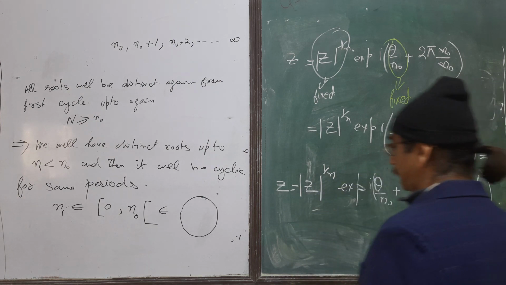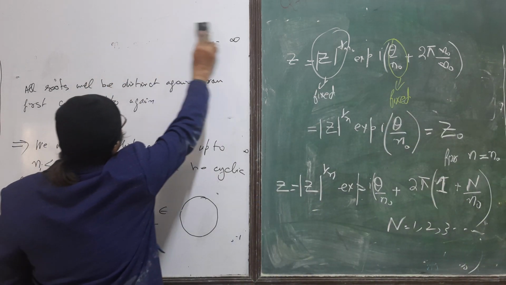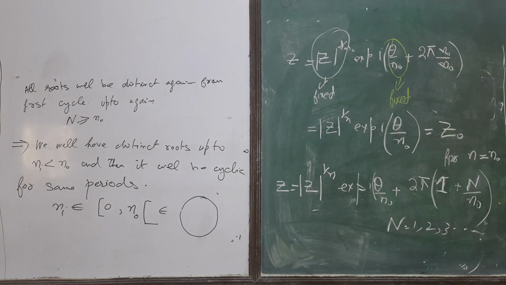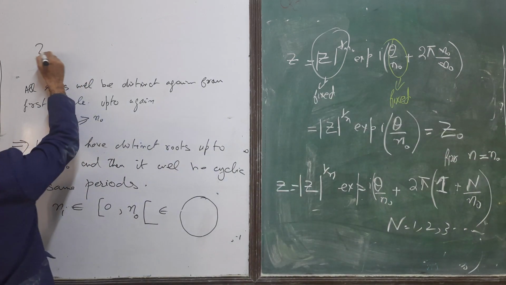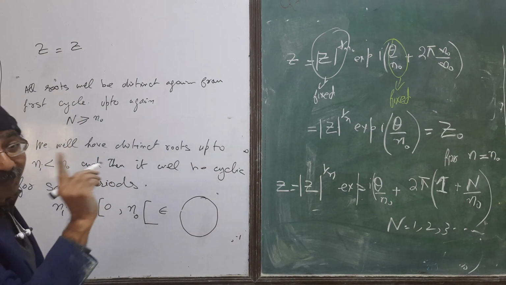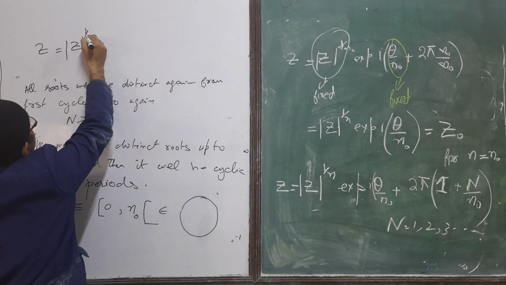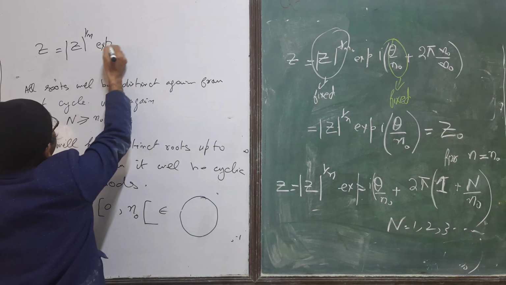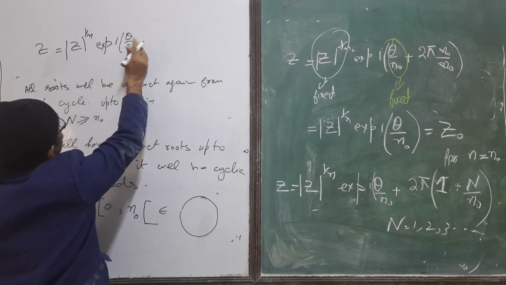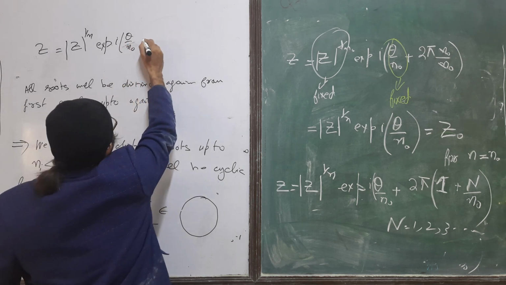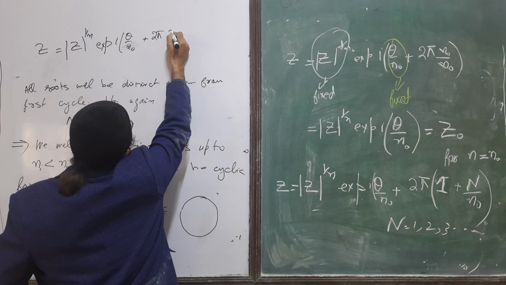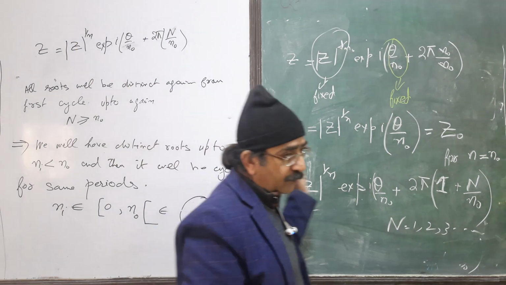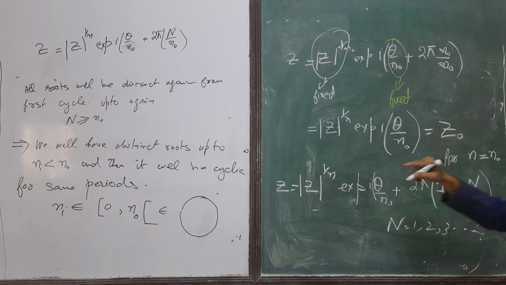Okay, 1 minute. You are right. She is absolutely right. We may also write, actually we must write, not may write, must write. Yes, 1 by n. This is equivalent to exponential of iota theta by n naught plus 2 pi n divided by n naught. Yes, that is the form again. That is more accurate. Yes, we must write it.